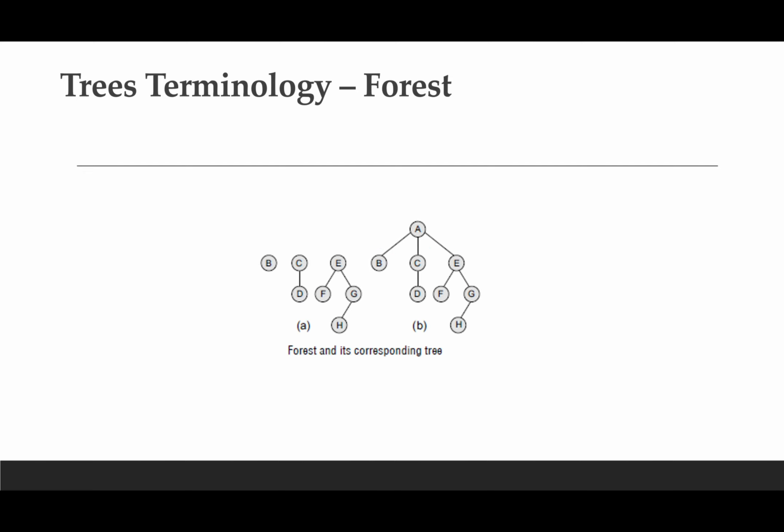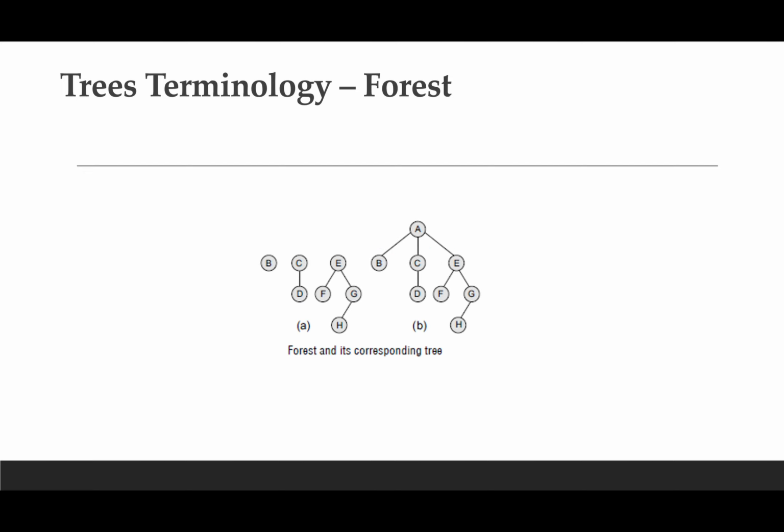The forest can also be defined as an ordered set of 0 or more general trees. While a general tree must have a root, the forest on the other hand may be empty, because by definition it is a set and a set can be empty. So here what is the forest? B and C, these are the forests here.